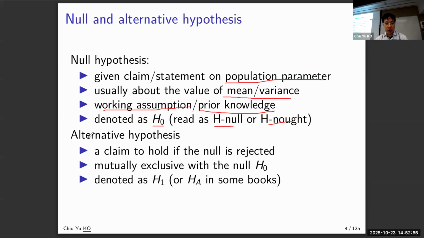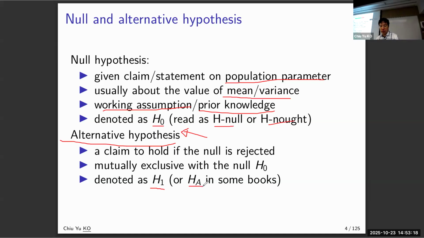And the other is called the alternative hypothesis. We try to see whether the evidence is supporting this or not. If evidence goes in favor of the alternative, then you will try to reject the null. This is called H1, or some books call it HA.